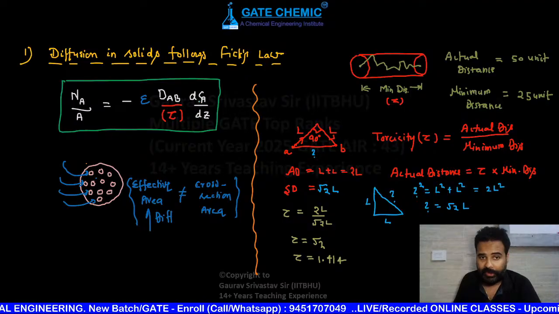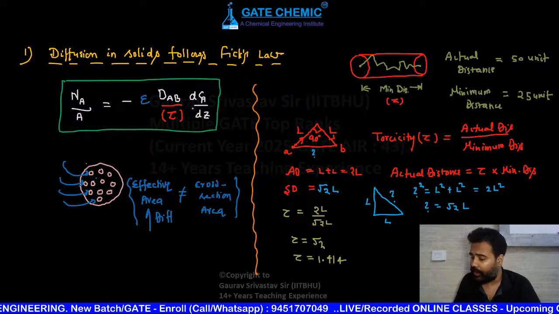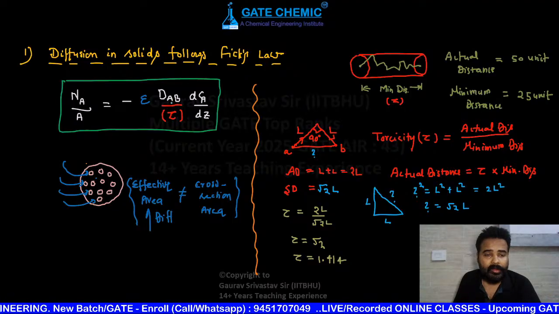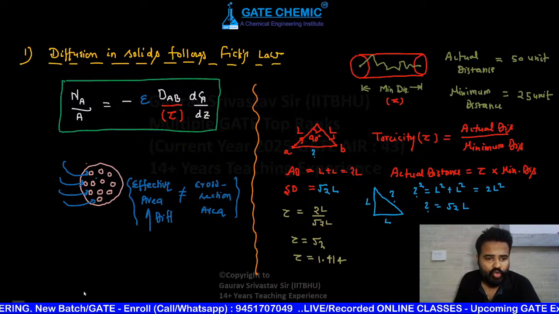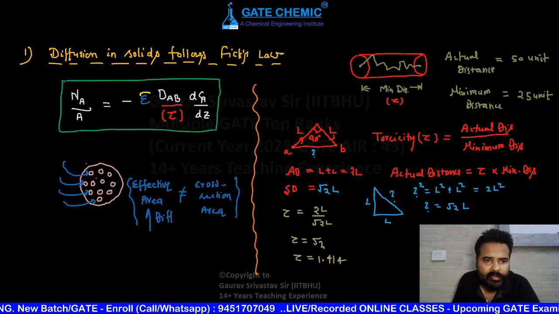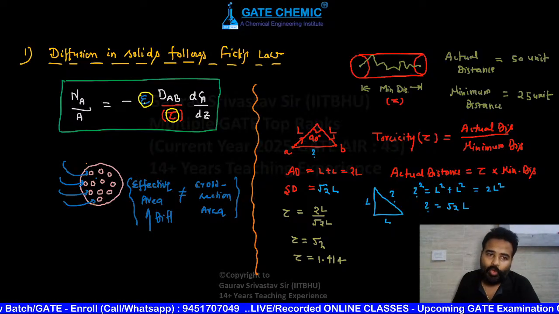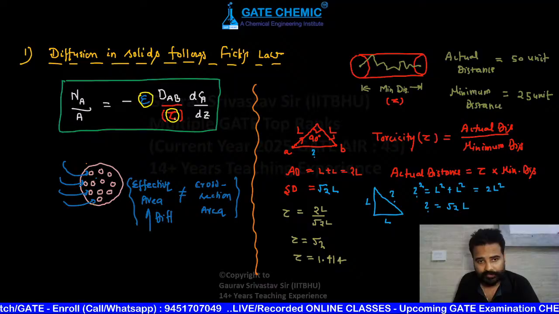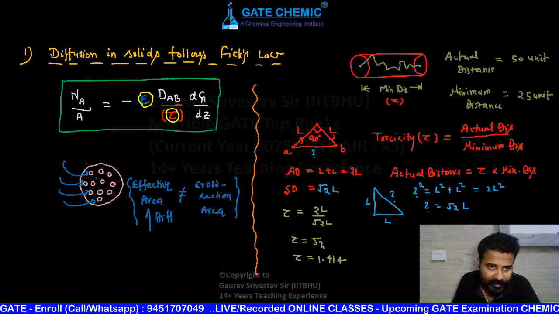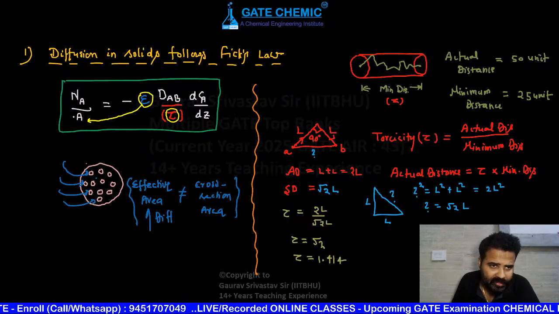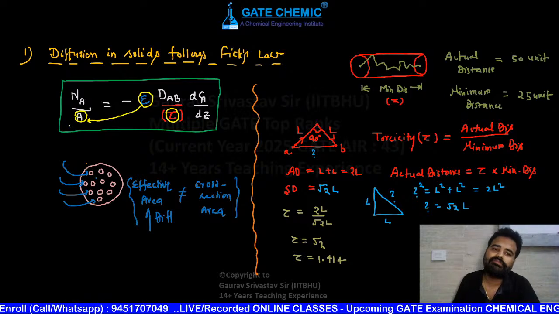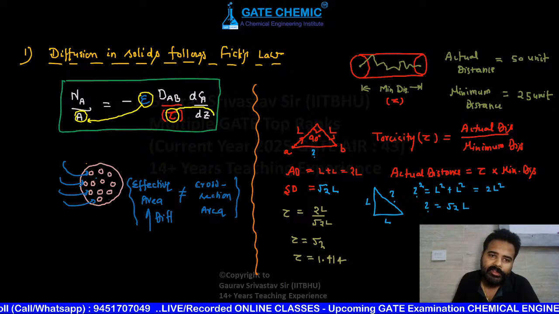So nothing to worry. You can see two more terms here. One is epsilon and one is tau. What is epsilon and what is tau? Actually, this epsilon is related with this area, and this tau is related with this dz.